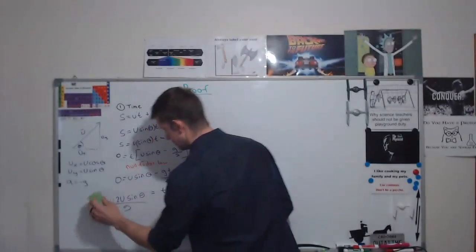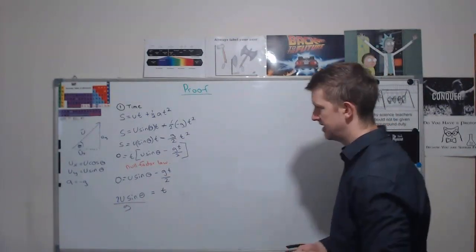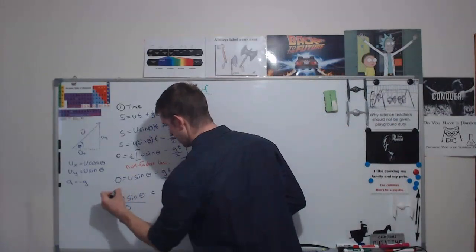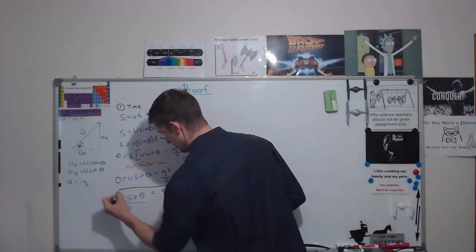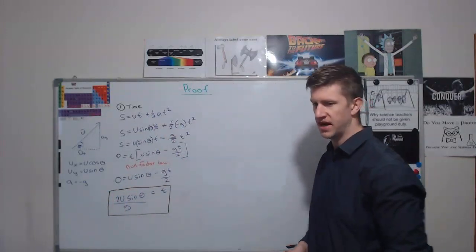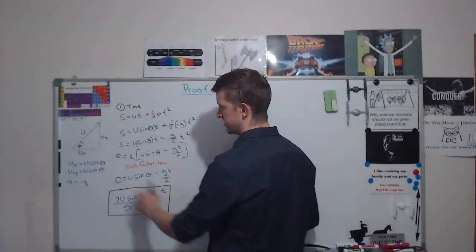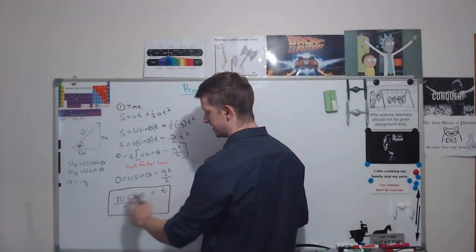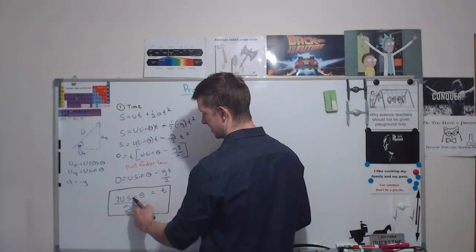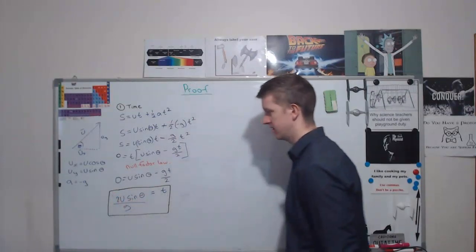I get back a sweet positive fraction, and I've got my expression for time now. So time is equal to 2u sine theta over g. That may seem kind of useless at this point, but this is my expression. So for some arbitrary situation, the time of flight is going to be equal to 2 times the initial velocity times sine theta divided by g.